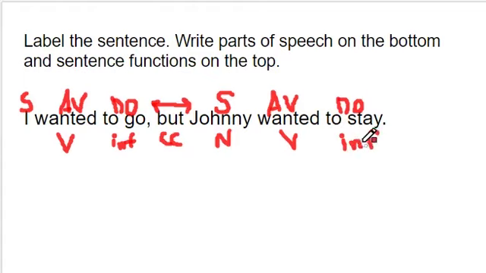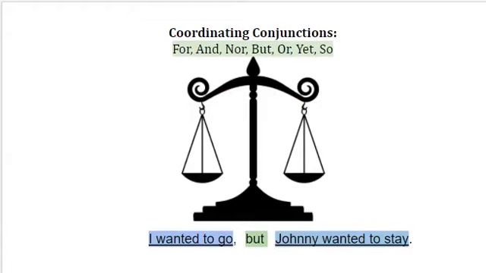Okay, so what we have here are two independent clauses, two little mini sentences that are being joined by that but. And our sentence is something like this. We've got basically two equal halves here with that little conjunction in the middle. And these two things are equally important in the sentence.